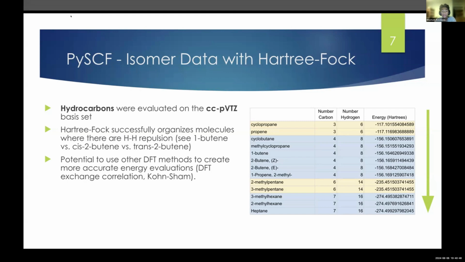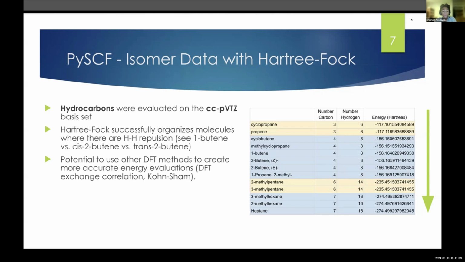A notable example is the comparison between 1-butene, cis-2-butene, and trans-2-butene. We observed that trans-2-butene had a higher energy than cis-2-butene due to its greater hydrogen-hydrogen repulsions. This indicates that Hartree-Fock can effectively identify and account for hydrogen-hydrogen repulsions within a molecule.